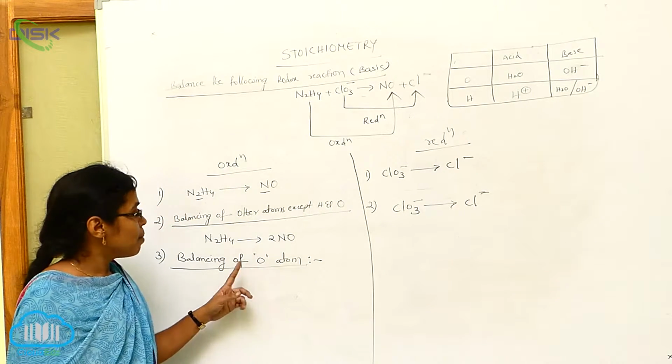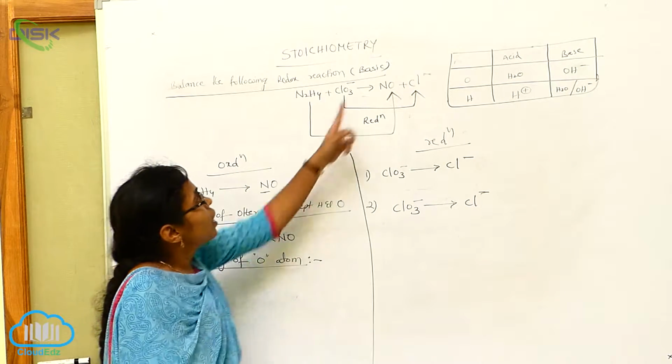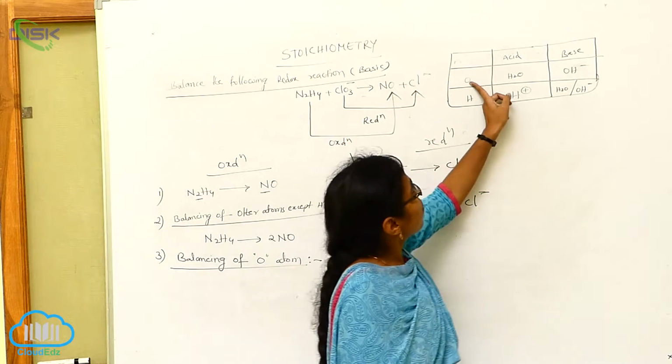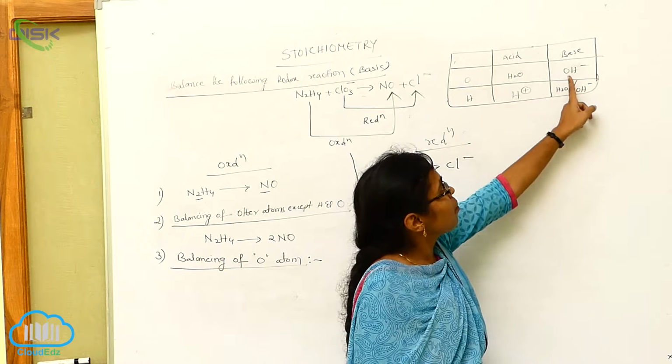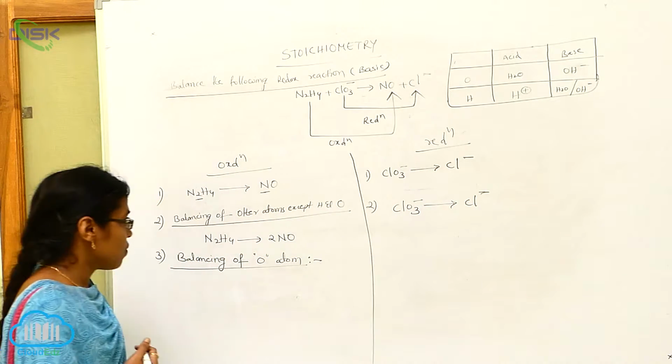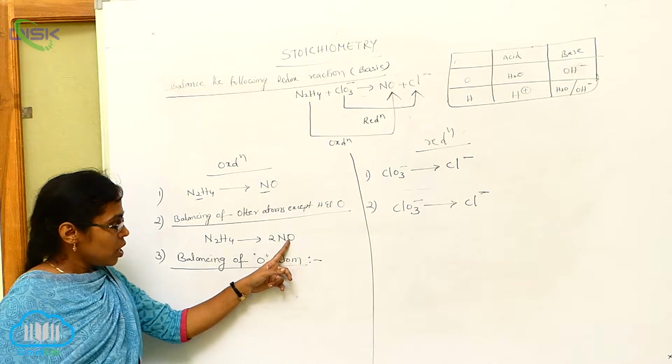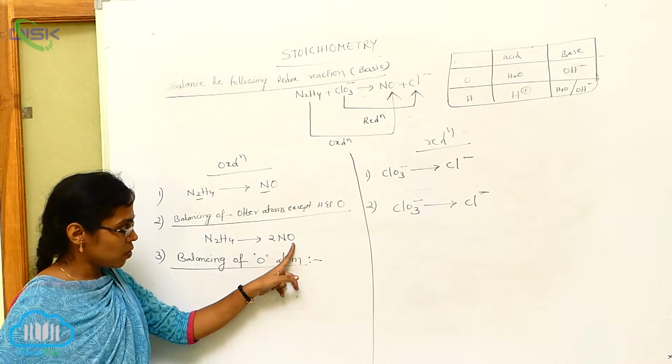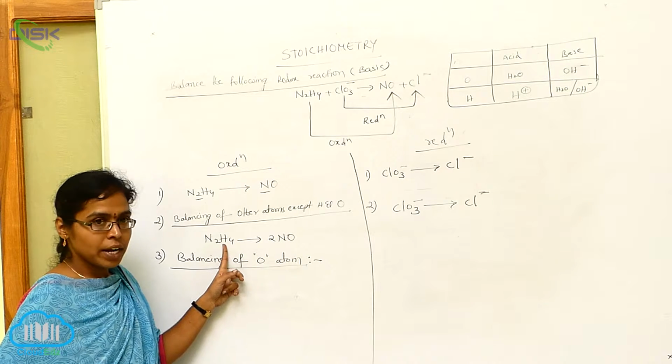Okay, so for the balancing of oxygen atom in basic medium, what you have to add is OH minus, on the deficient side. Here how many oxygen atoms? 2 oxygen atoms. On left side, is there any oxygen atoms?